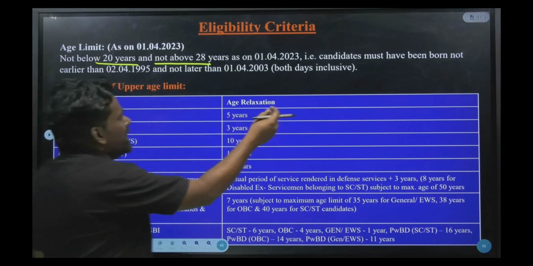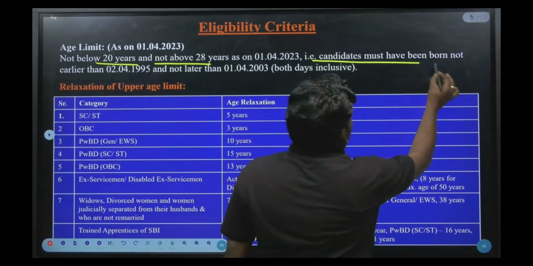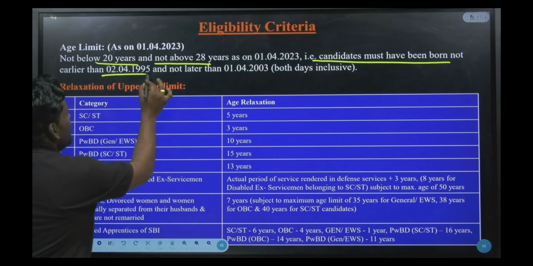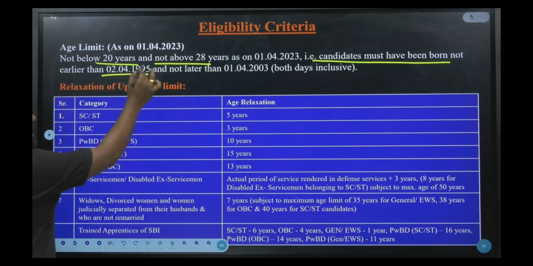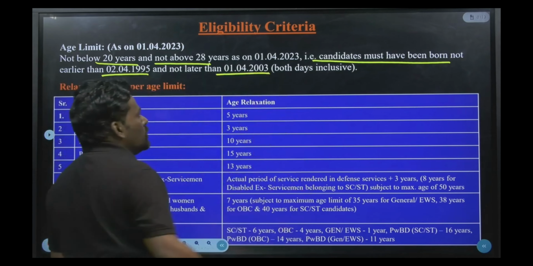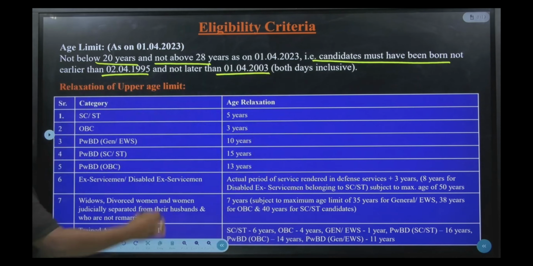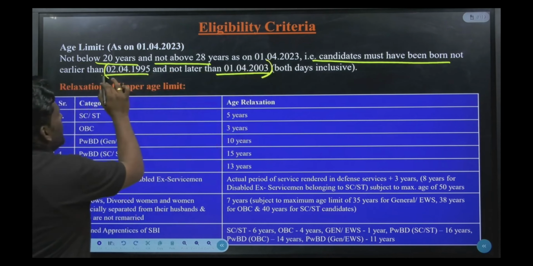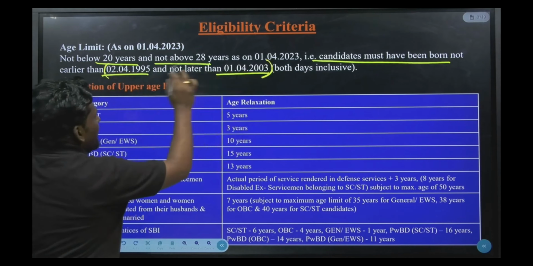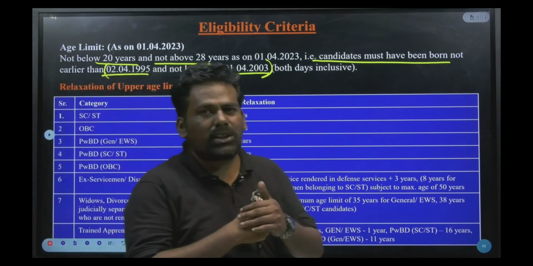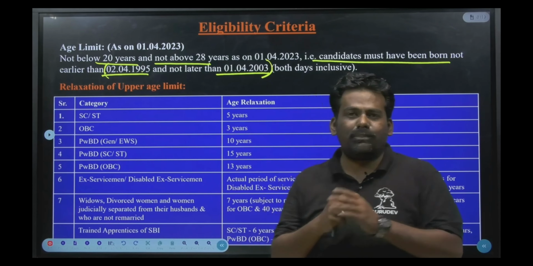The candidates must have been born not earlier than 2nd of April 1995 and not later than 1st of April 2003. It means the candidates who are born between these two dates are eligible for applying for the post of junior associate. I hope you people have understood.